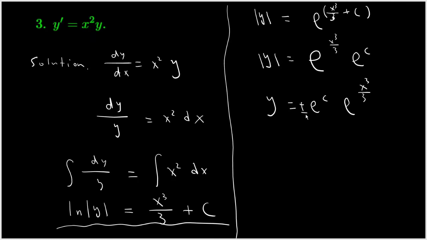And then plus or minus e to the power of c is an arbitrary non-zero number, the whole thing in that circle. I'm going to replace that number with a. So the solution to the given ODE in question 3 is in the form a times e to the power of x cubed over 3.